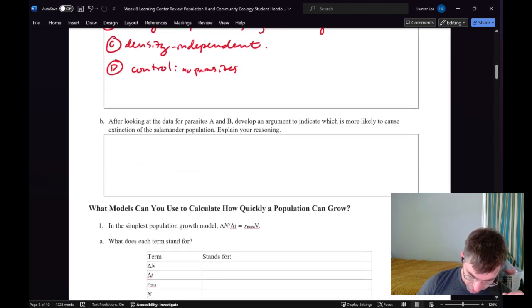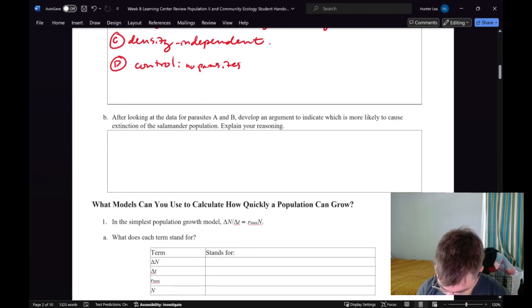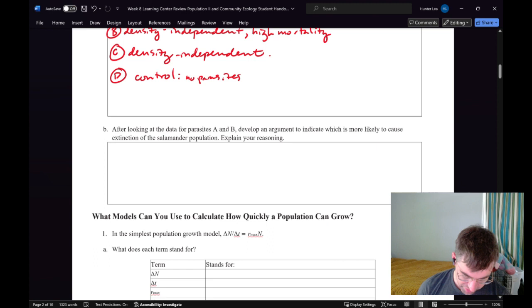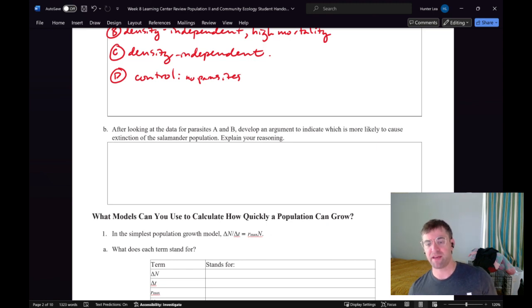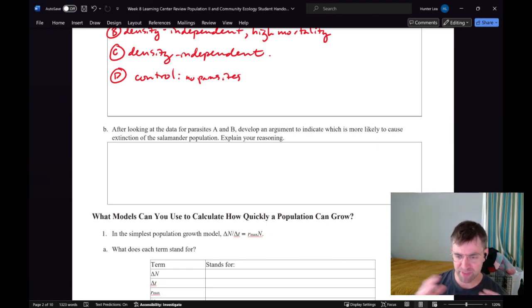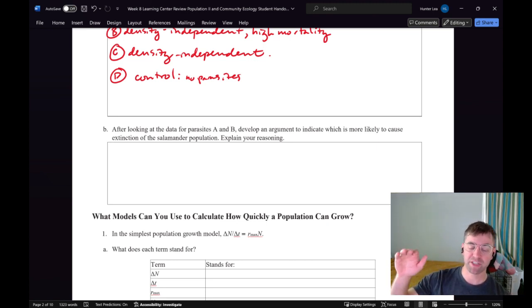Okay. After looking at the data for parasites A and B, develop an argument to indicate which is more likely to cause extinction of the salamander population and explain your reasoning. I think we may have touched briefly on carrying capacity at the end of last week's worksheet. When something is density dependent, the lethality of the parasite goes up as the population density increases.